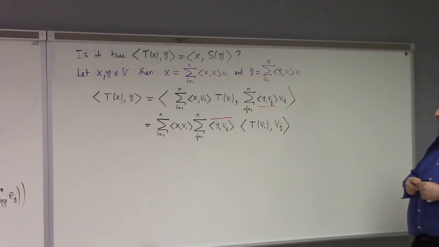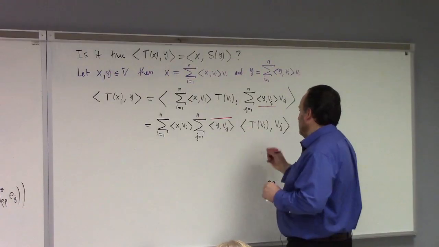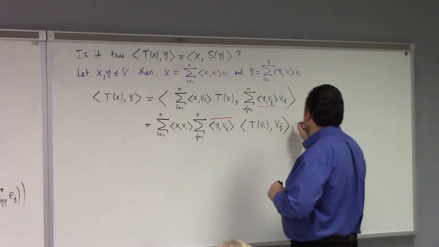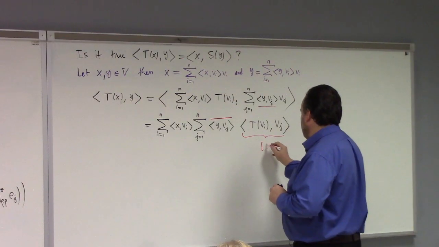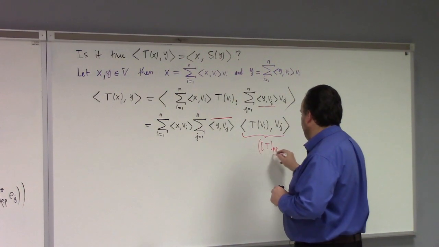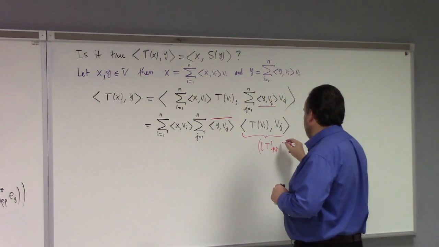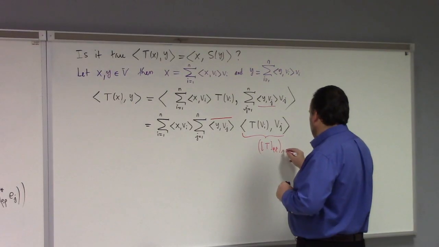Okay, so what is this? Well, this right here is the T beta beta, which component? It's ji, right?